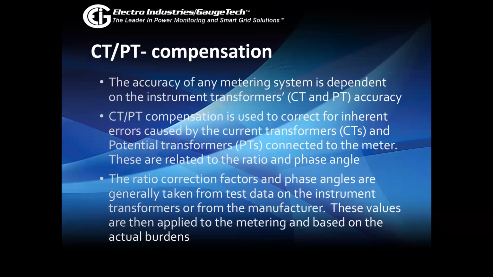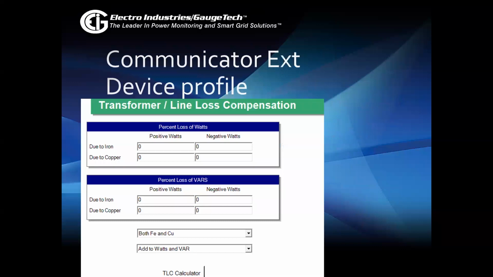These are related to ratio and phase angle. Generally, you test the CTs and PTs and produce a report that gives you all the correction errors, and you would apply that report to the metering to make the adjustment or compensation.